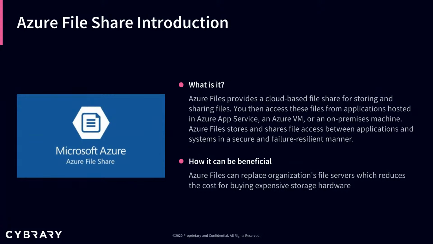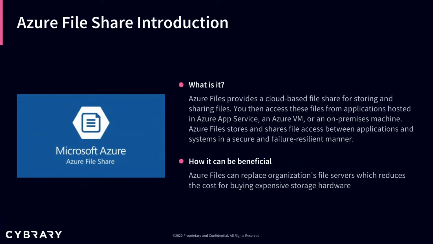We are very familiar with file shares in organizations, basically where you have a file share and tons of folders and folder structures where you simply store your files. So Azure File provides a cloud-based file share solution for storing your shared files.